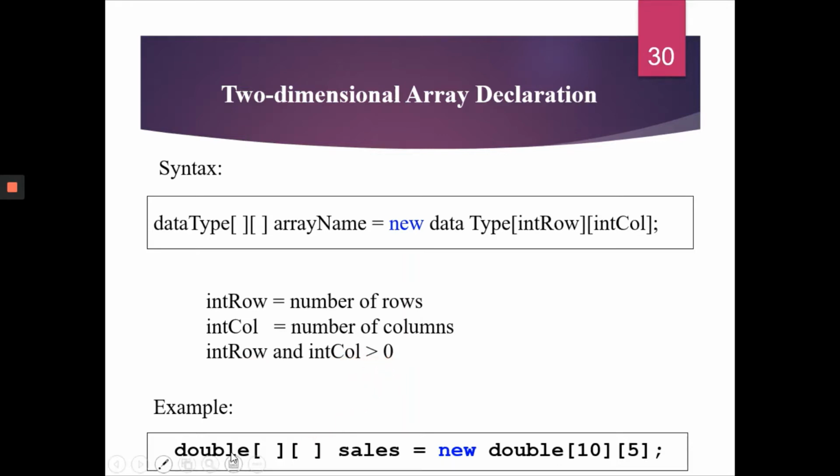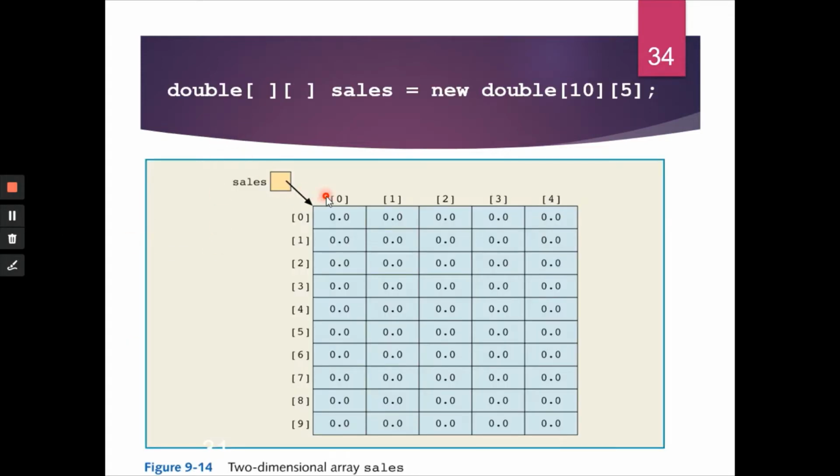For example here, I declare one two-dimensional array with double data type. I have the two square brackets here. My array name is sales equals to new double, and I have here 10 and 5. So 10 is the size of the row, 5 is the size of the column. This is the representation of the array that we have.